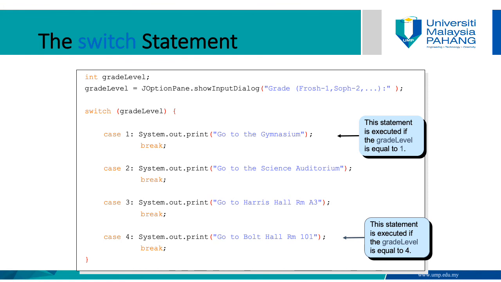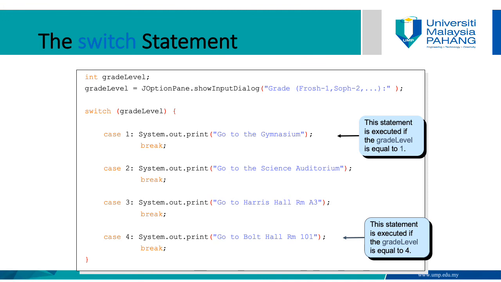It must be only these two, either integer or character. The switch statement is kind of similar to the if else if statement that we went through earlier, but it's only written in a different way.